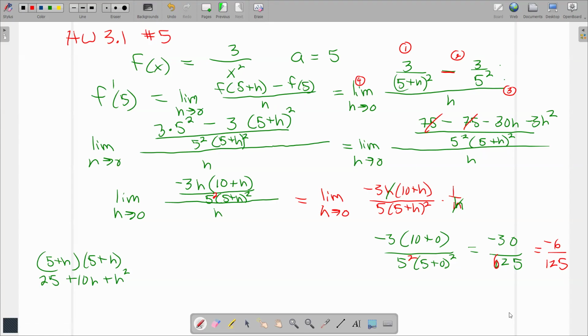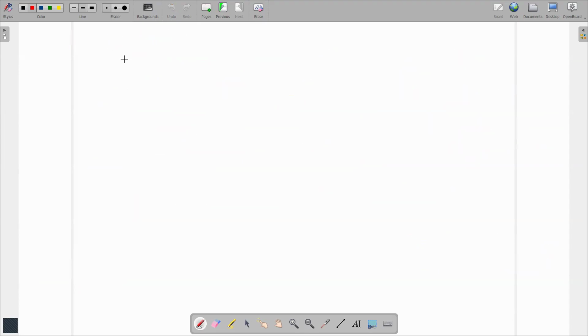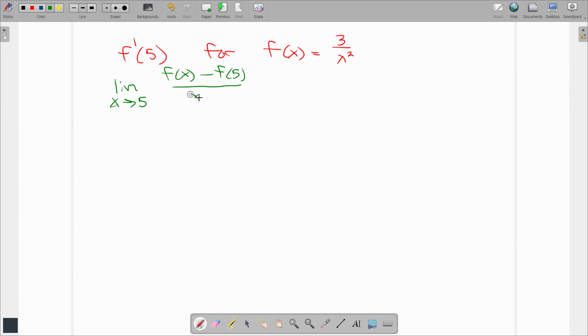So actually, I'm going to do it that way instead. Let's see if I get the same answer. So I want to try to find f prime of 5 for f of x equals 3 over x squared. And I'm going to use the other definition, limit as x approaches 5 of f of x minus f of 5 over x minus 5.